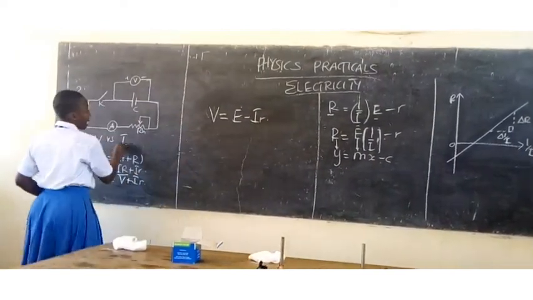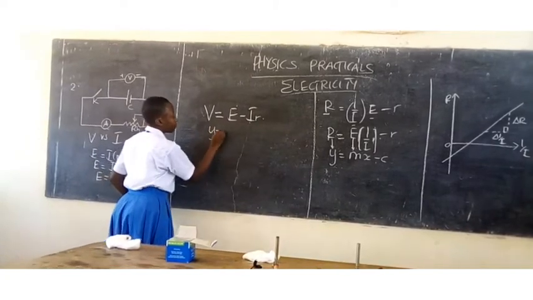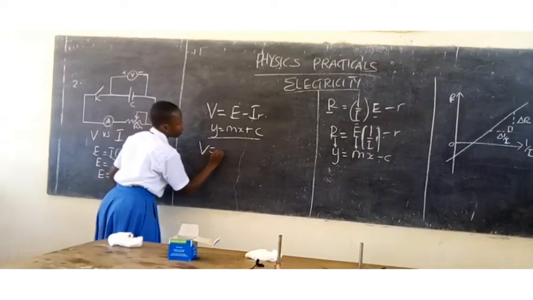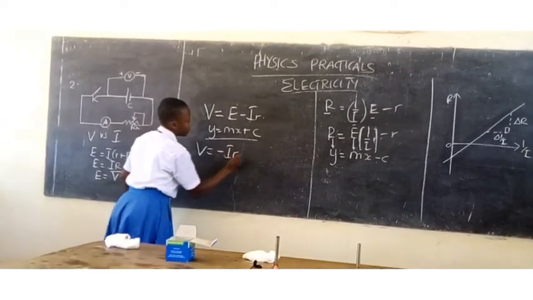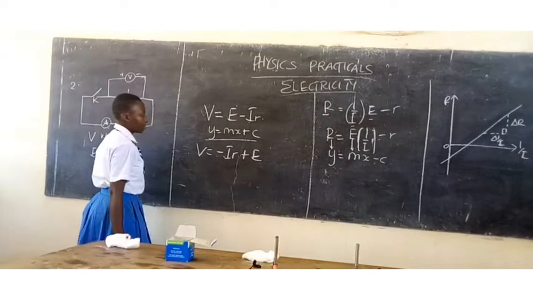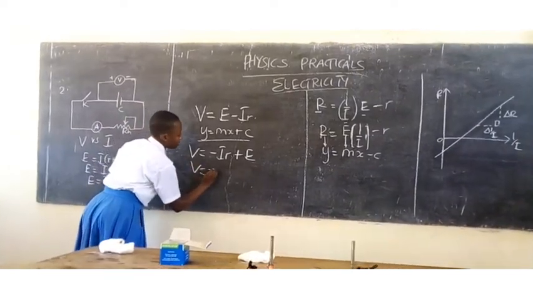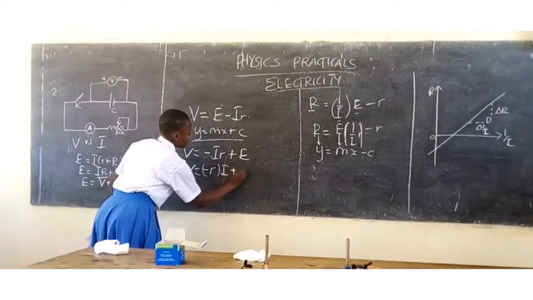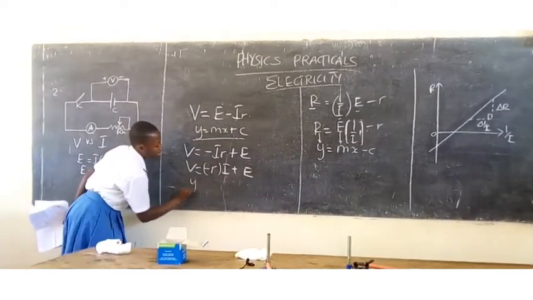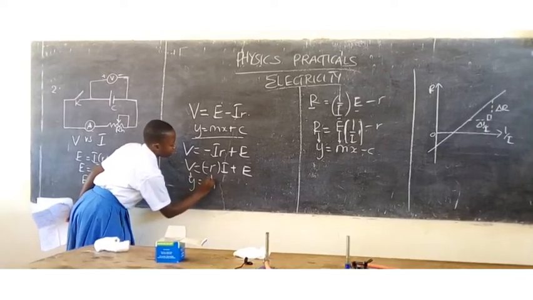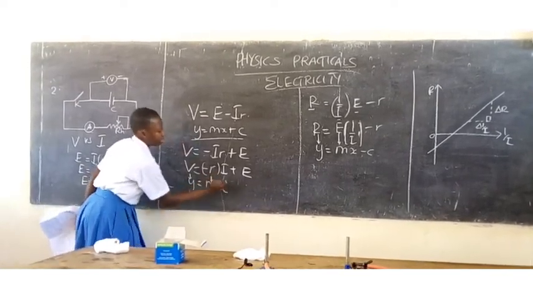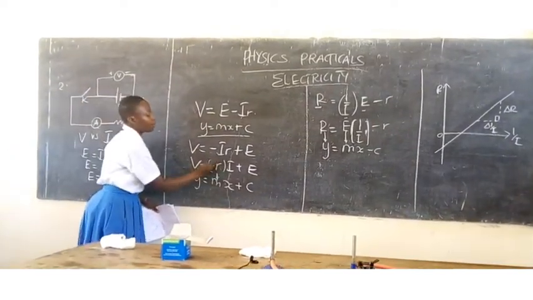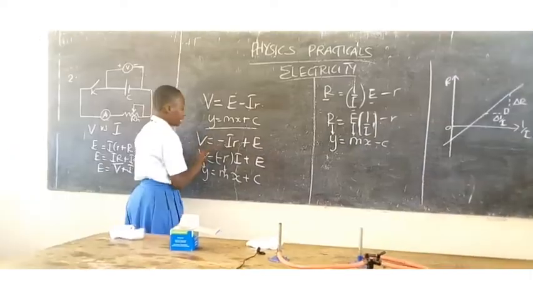V against I. Arranging it in this form will be V equals negative r times I, plus E. Negative r is m, x is I, then plus E. Therefore, here our slope will be negative r. The V-intercept will be E.